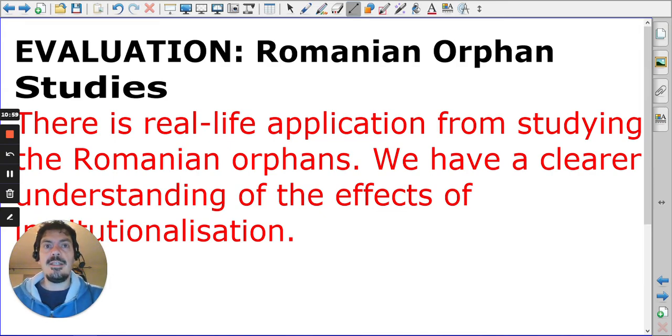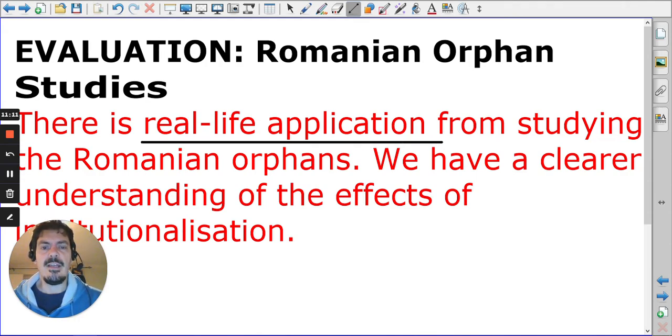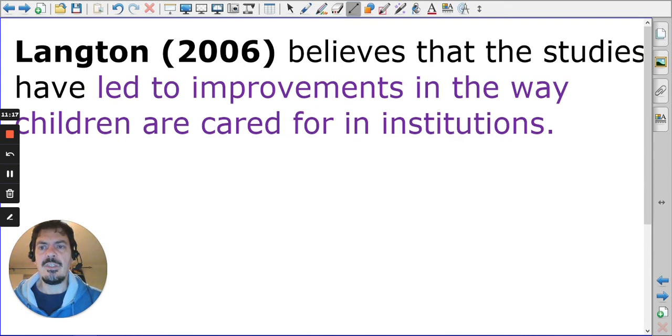Now, those are two studies that we can use that make direct reference to the Romanian orphans. So if I'm going to be critical of them, we need to see what is both good and bad. And we see that the main thing that we take from this is real life application. We understand the effects of institutionalization a lot more clearly. For example, Langdon says that these particular studies have helped us improve the way that we care for children these days.